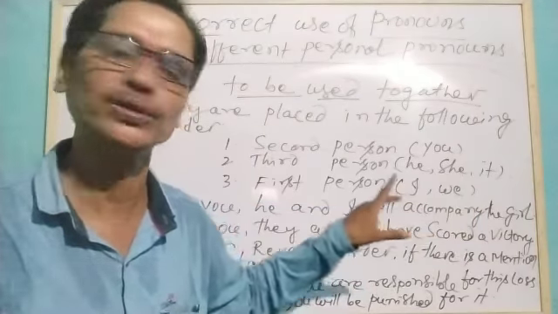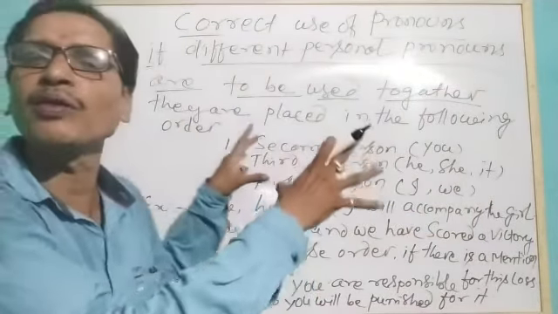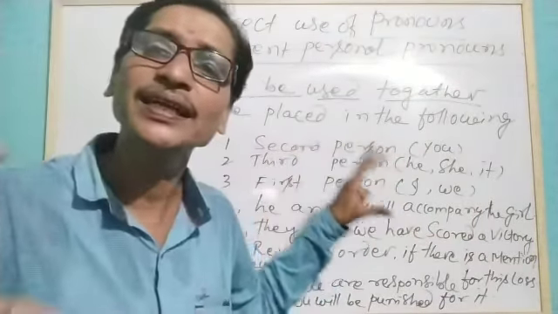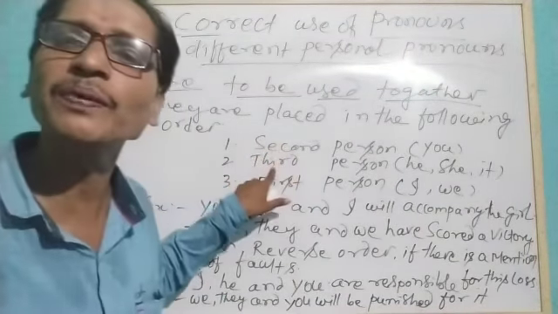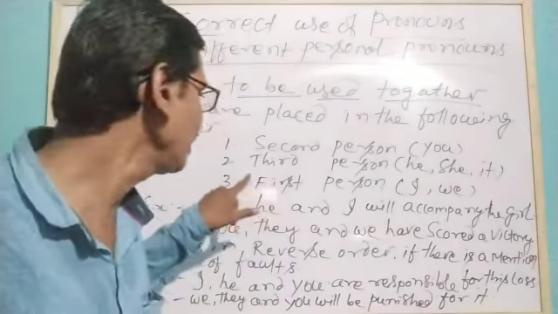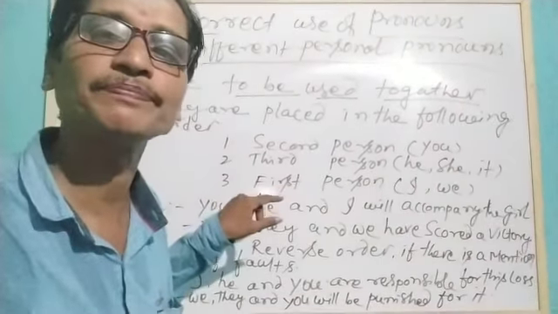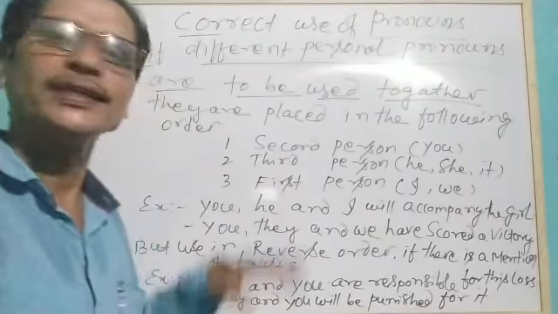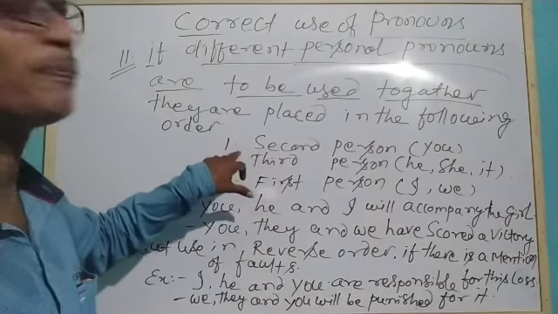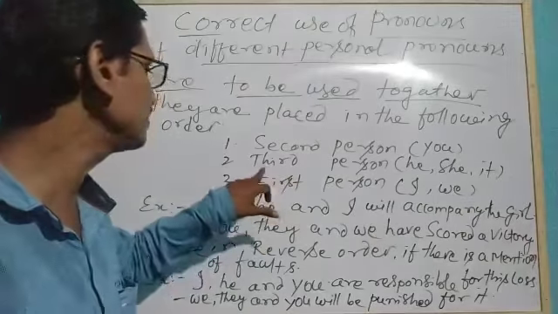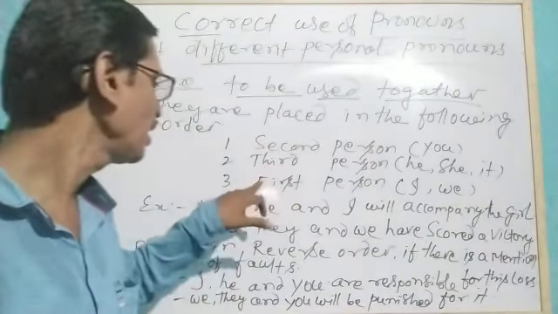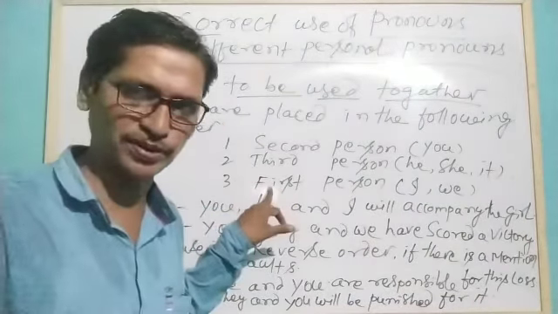If all these personal pronouns are used in one sentence, then we should mention first the second person, then the third person, and then the first person. So the order should be: first the second person, second the third person, and last the first person.